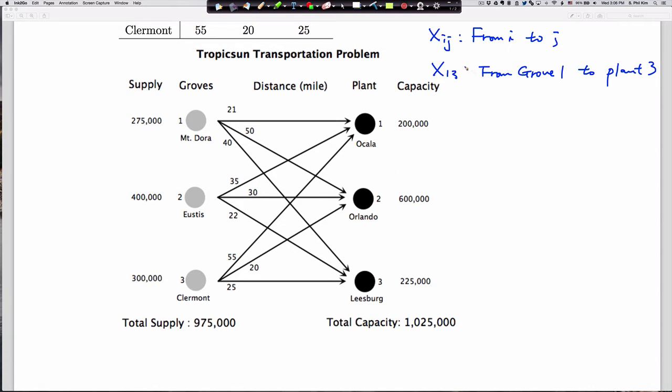Okay? The amount of the orange shipped from group 1 to plant 3. This is the amount of orange. Actually, it's a number of bushels, right?